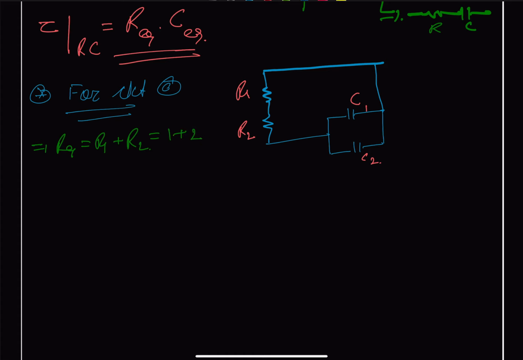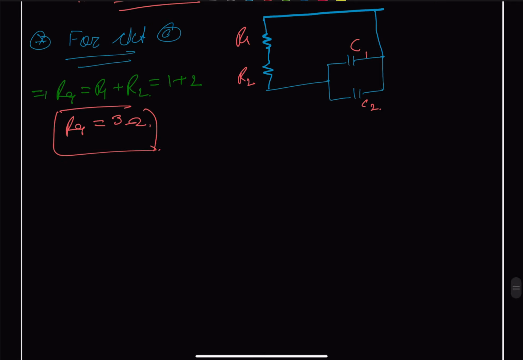So we get R equivalent equal to 3 ohms. Similarly, we can find our C equivalent, and C equivalent is the combination of C1 and C2.